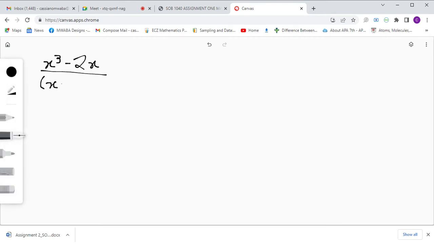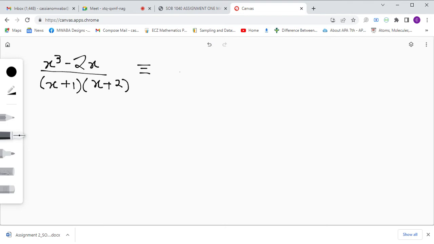We write down our new factors which we found, x plus 1 and x plus 2. All right, so we're going to write our identity symbol. Now basically we're going to break down this fraction into parts.